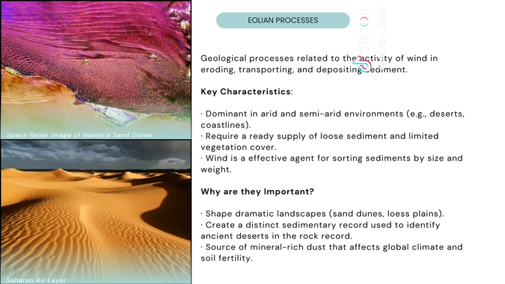Finally, the wind-blown dust from these areas travels across the globe, affecting our climate and even fertilizing soils far away. So to sum it up, Eolian processes are the wind's way of building, sculpting, and leaving a historical record of our planet. It's a powerful natural force constantly at work.